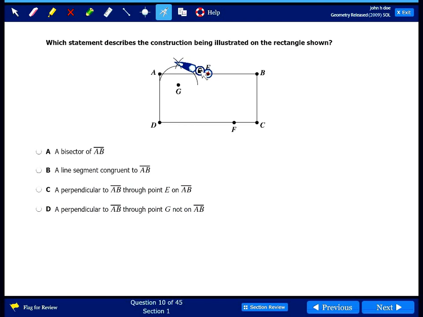Unfortunately, this doesn't serve well for our compass, but you should see that when we connect the dots, we're going through G and through this point. Whenever we do that, we have a right angle. So we're making a perpendicular to AB, which is going through point G, which is not on AB. So this part here is good, but we're not going through point E. None of the other answers make any sense, so D is the right answer.